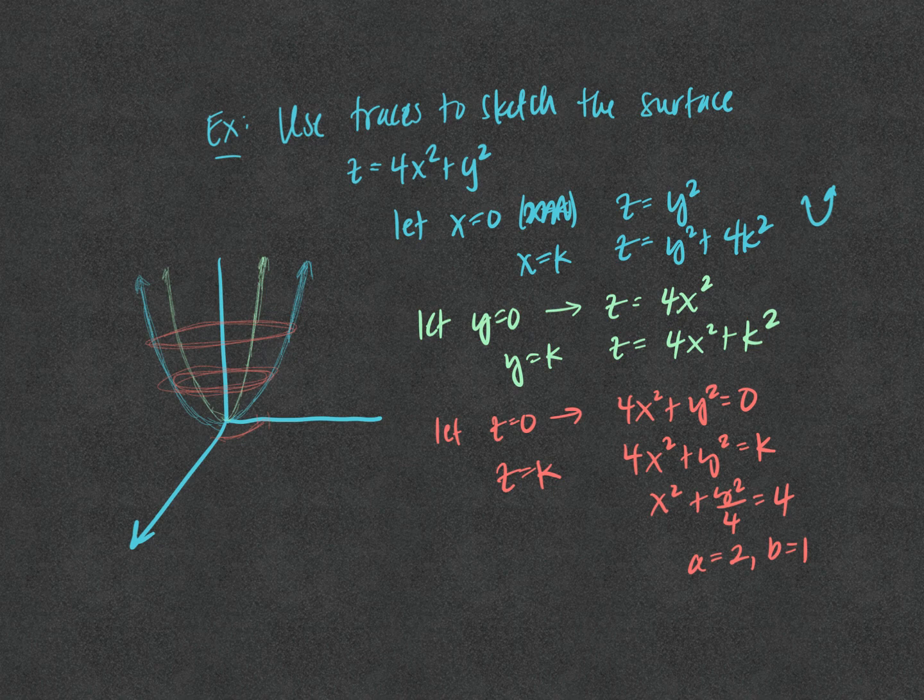So these are the traces we have. The blue is the parabola when x equals k, and the green is the parabola when y equals k, and the ellipses are when z equals k. Those are our trace markings. So we could draw bunches of them. But because of all of this, you can see the elliptical paraboloid, so it's called an elliptic paraboloid.